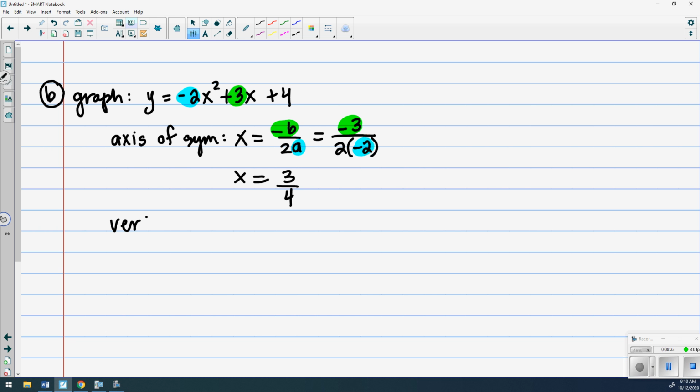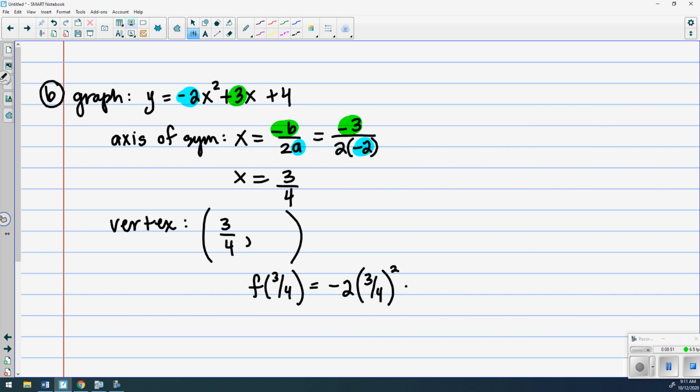Now my vertex falls on the axis of symmetry, so 3/4 something. Now I need to find f of 3/4. So to find the function value at 3/4: negative 2 times 3/4 squared plus 3 times 3/4 plus 4.